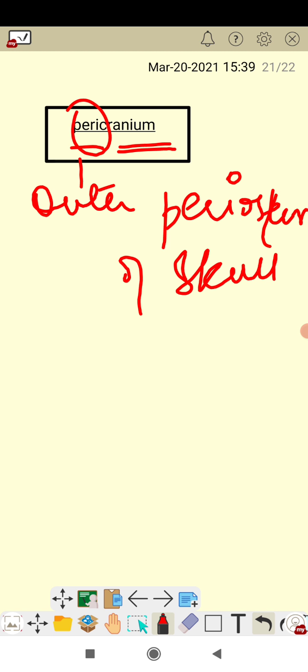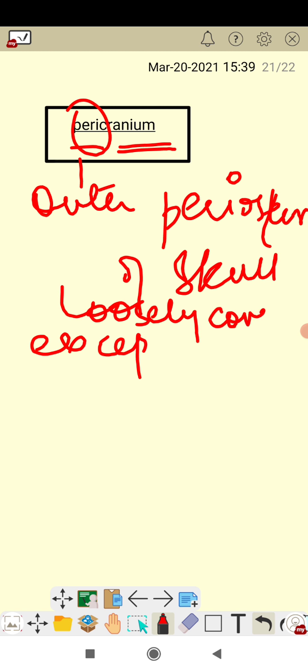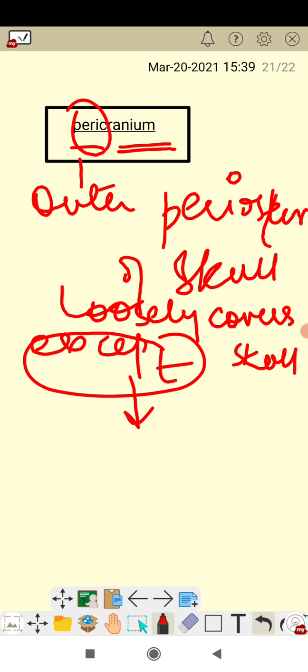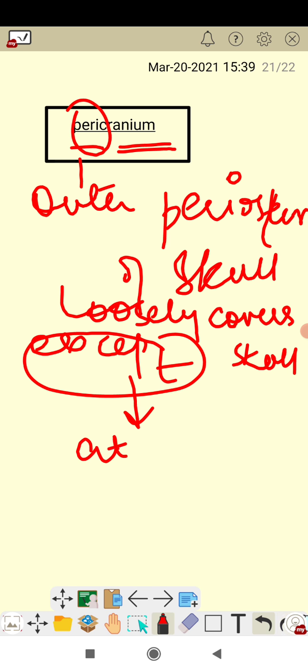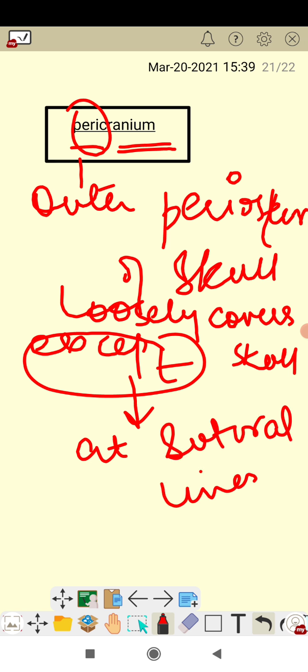Pericranium loosely covers the skull, except at sutural lines, where it is continuous with the endocranium via sutural membrane.